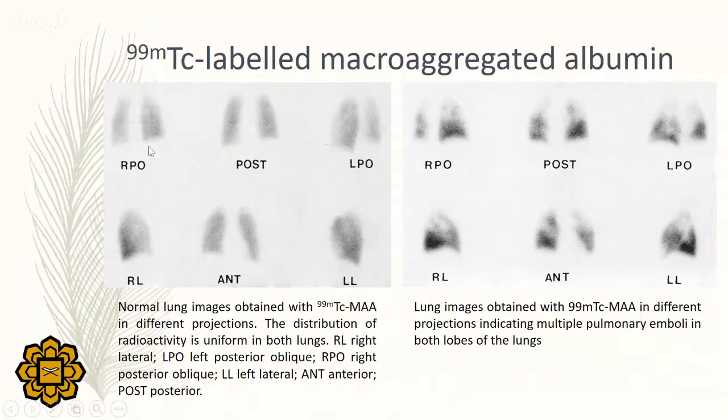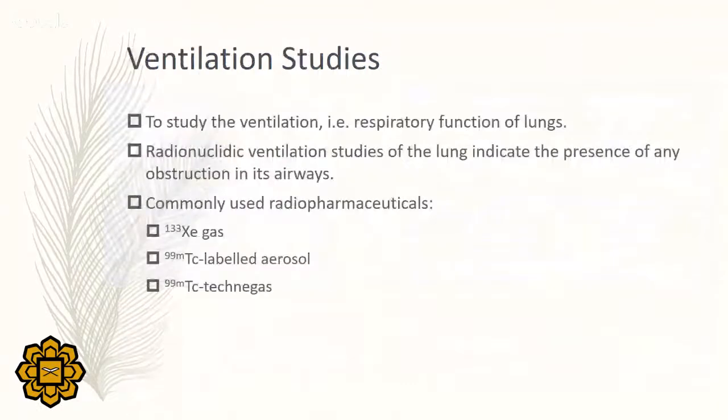RPO is right posterior oblique, POST is posterior, LPO is left posterior oblique, RL is right lateral, anterior, and left lateral. You can see it well distributed in both lungs, or at the posterior here. But in case of some disease, in this case pulmonary embolism, you can see that the drug is not distributed well. Some is missing at the bottom or the top, this is what happened.